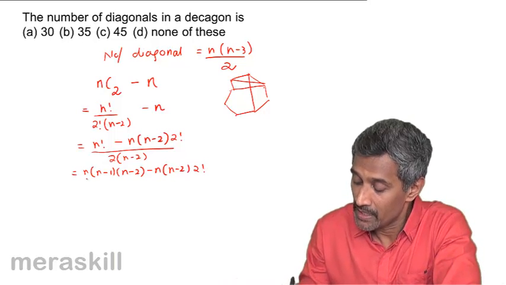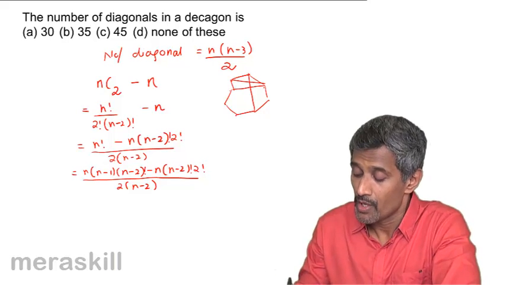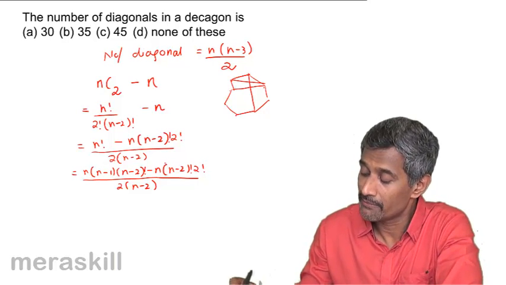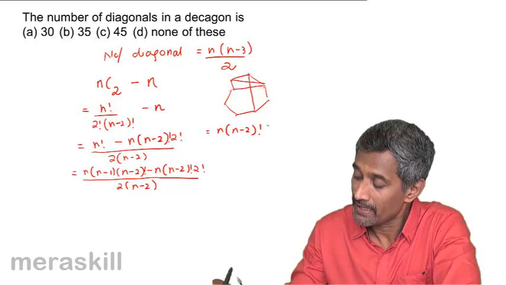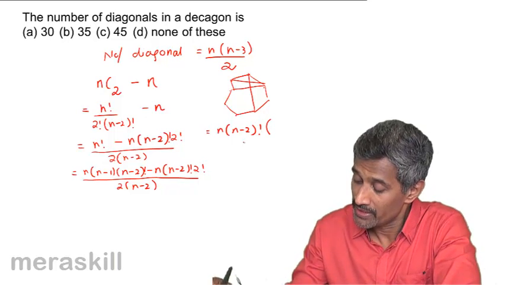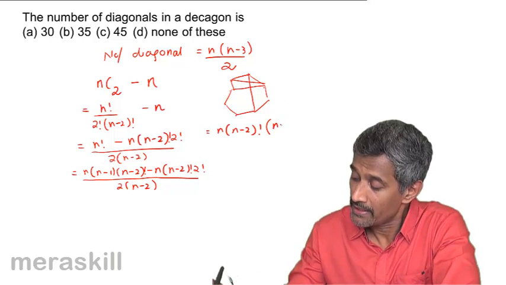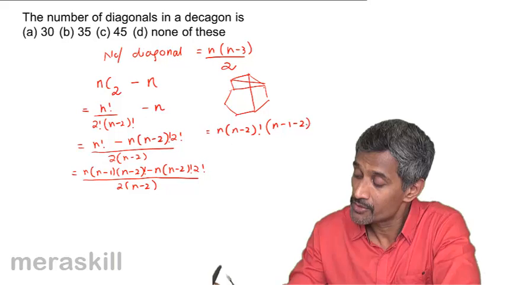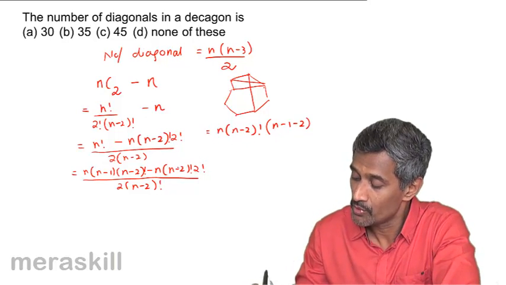Now if you take n into (n minus 2) factorial common, you end up getting (n minus 1 minus 2).